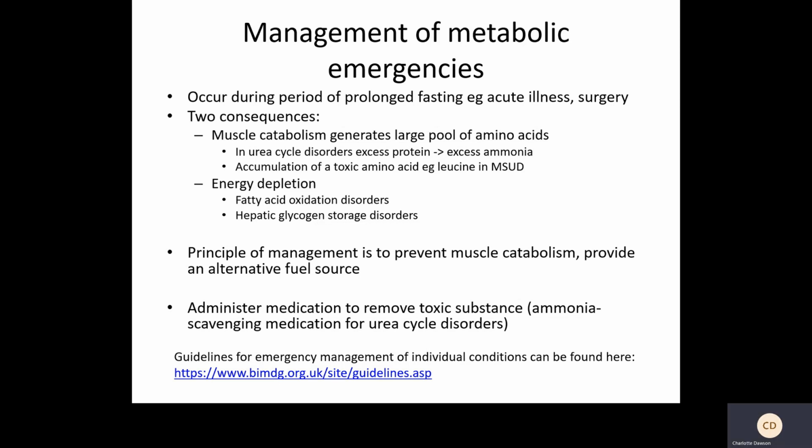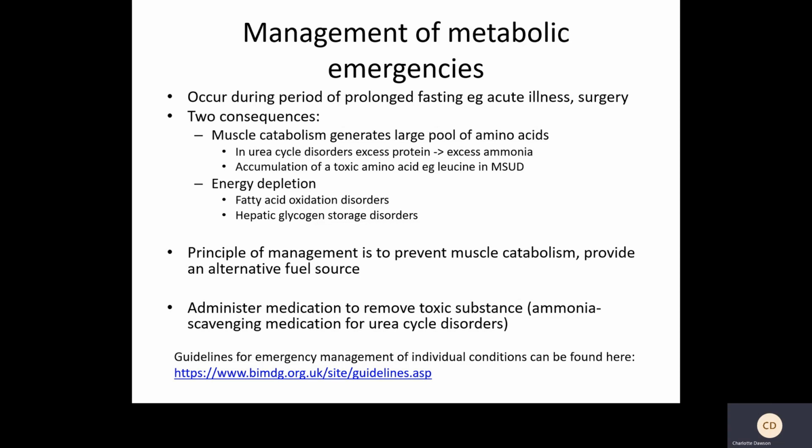There are two consequences of prolonged fasting that put patients at risk, and both arise from muscle catabolism, which occurs during prolonged fasting.